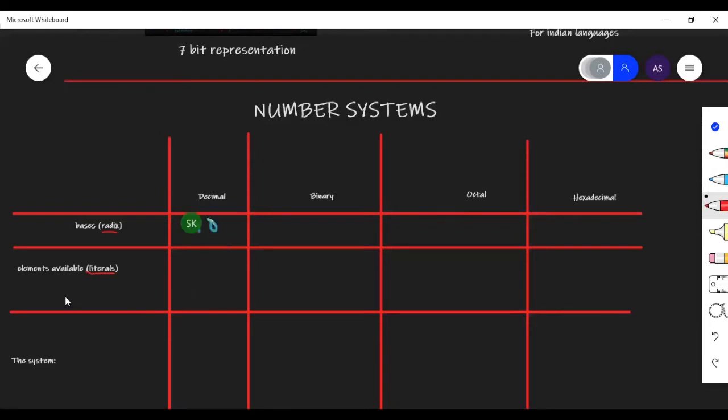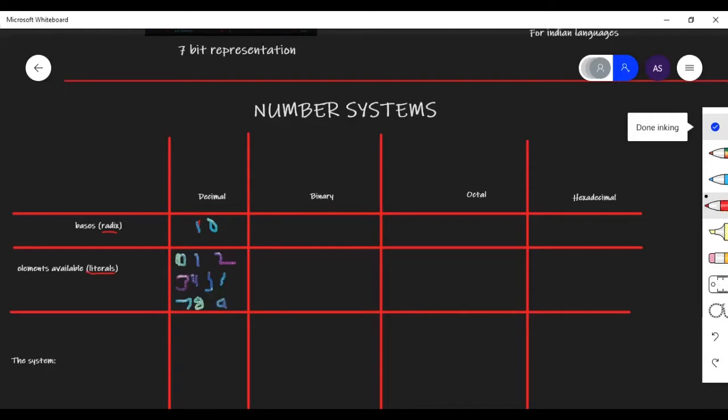And the elements available are 0, 1, 2, 3, 4, 5, 6, 7, 8, 9. These are the different digits we have in our decimal system, and that's what comprises the decimal system.